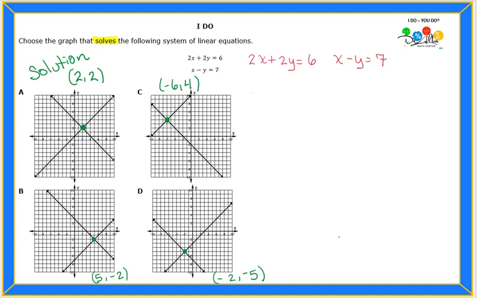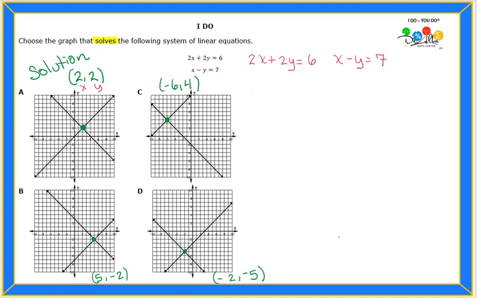So I'm going to choose, for example, letter A. And I'm going to replace my x and my y value and see if I get a 6 as an answer. If I get a 6 as an answer, then I'll try it on x minus y equals 7. Because remember, the solution means that that point belongs to both of my equations, okay?